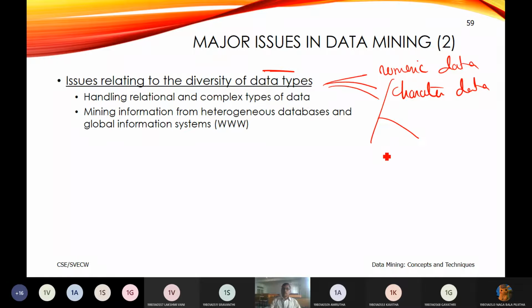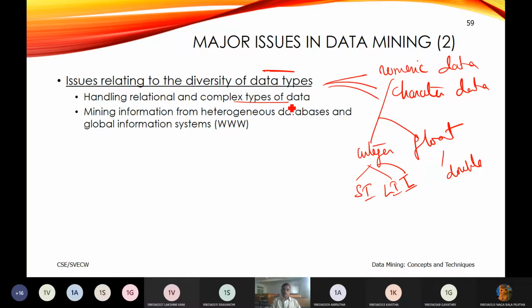When we call it numeric data, we can work with integer or float values. So again, it can be short int, it can be long int, and a general integer. Float, yeah, it can be extended to a double, etc.